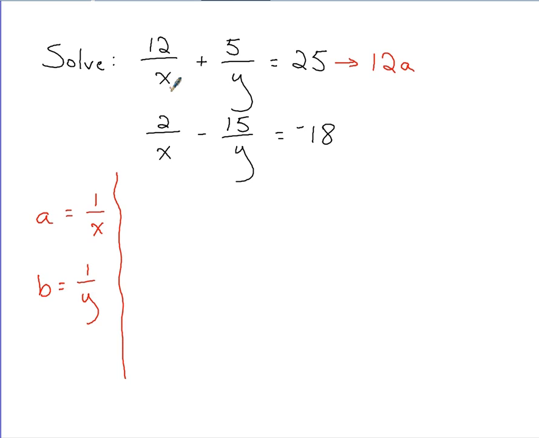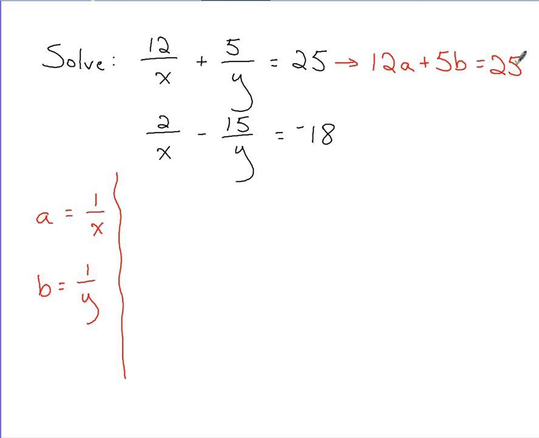In the same manner, I can take this 5 over y and rewrite it as 5b. If b stands for 1 over y, I take 1 over y and multiply it by 5. That's the same thing as 5 over y, right? That's all going to equal 25.